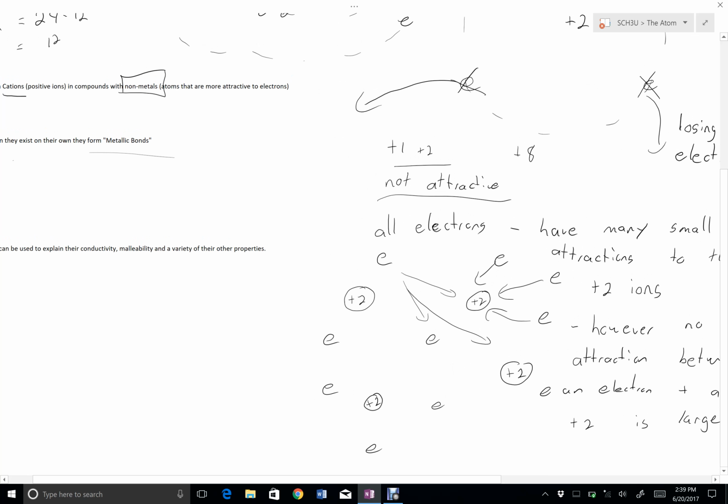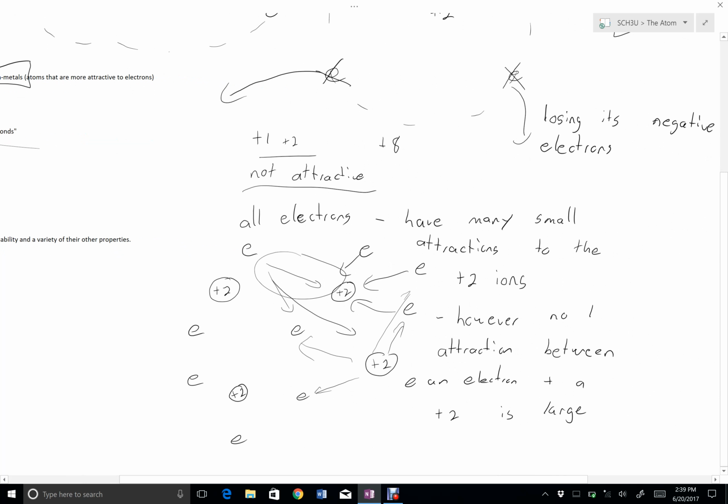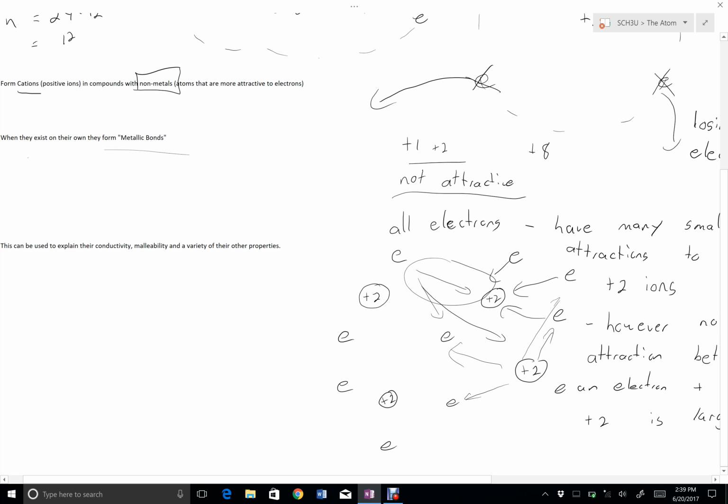So they all sort of give up their electrons, and their electrons still hang out around them, and all those electrons are attracted to all those plus 2s, and all those plus 2s are attracted to all those electrons, and they sort of stabilize each other in that. And all of these interactions are very small, but when you add up the fact that there's many, many, many of them, the overall attraction becomes quite large.